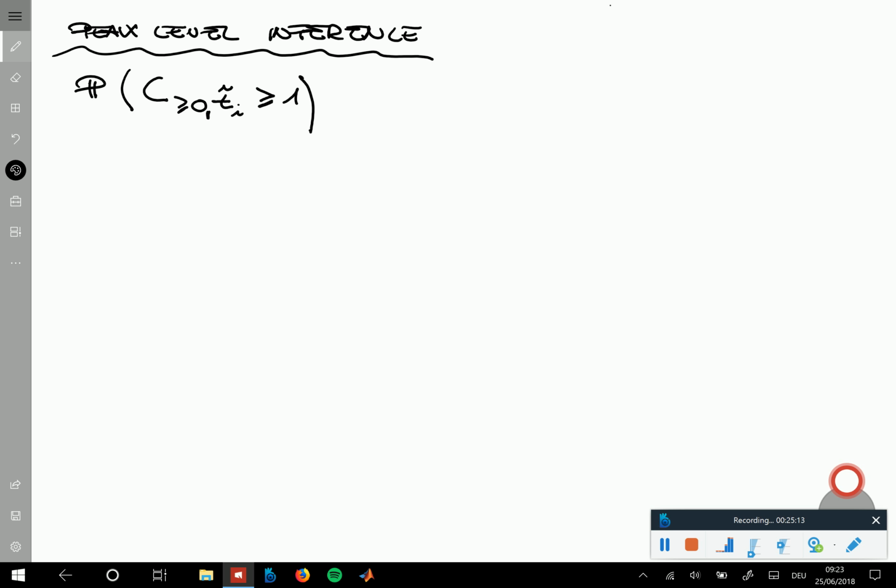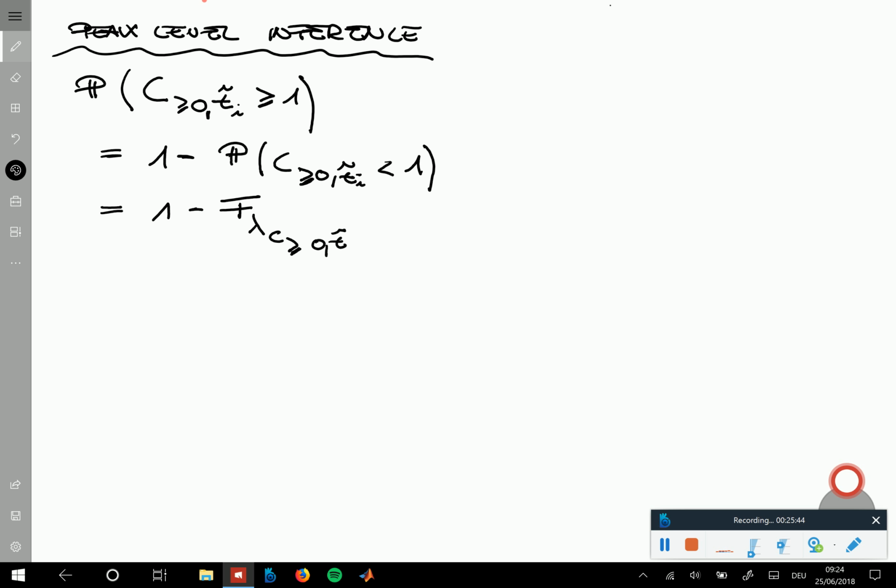How is this evaluated, and what does it relate to? Well, it's the following. Again, with the logic that larger or equal to 1 corresponds to one minus the same thing smaller than 1, which is again, like we've just seen, the cumulative mass function of the Poisson distribution evaluated at 0, which we've also seen previously is then C larger than 0 tilde i equals 0.